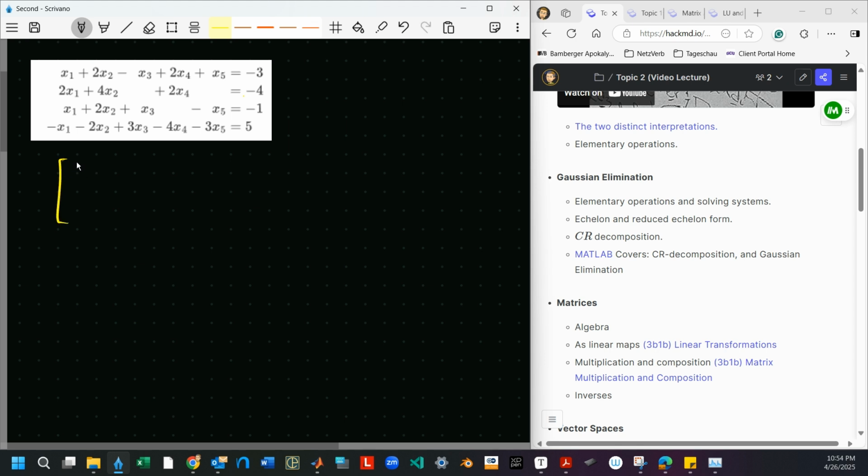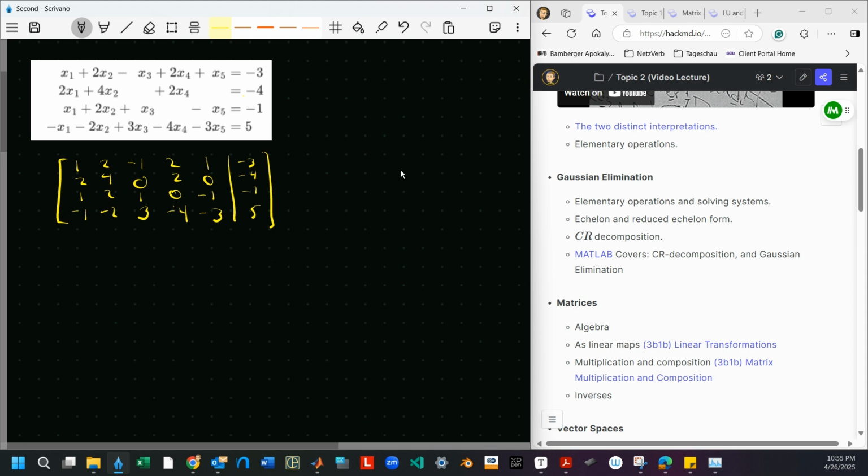Okay, so here I have 1, 2, 1, minus 1, 2, 4, 2, minus 2, minus 1, 0, 1, 3, 2, 2, 0, minus 4, 1, 0, minus 1, minus 3, and then the augmented column here is minus 3, minus 4, minus 1, and 5.